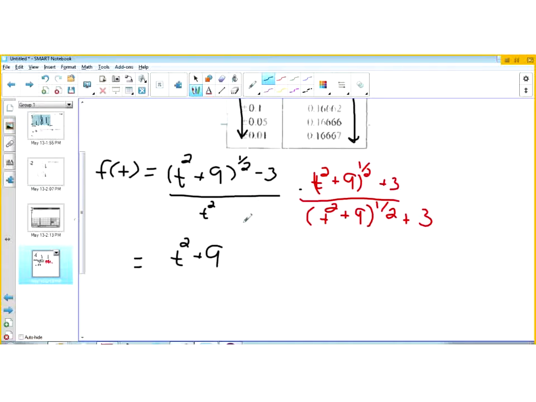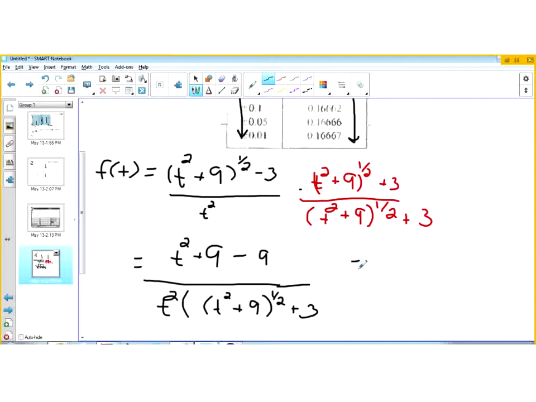And then the outer and inner term products would cancel, and then we're left with minus 9 divided by t squared times t squared plus 9 to the 1/2 plus 3.